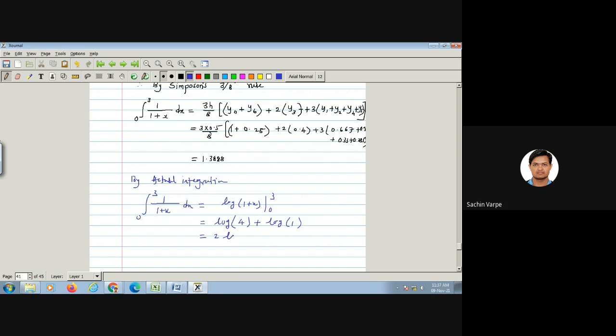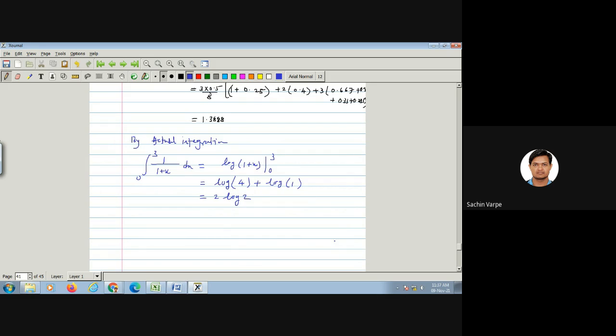So that is 2 log 2, because log 4 means 2 squared. And the left hand side we have calculated is 1.388. So therefore log 2 is equal to 1 by 2 times the integration from 0 to 3 of 1 upon 1 plus x dx.